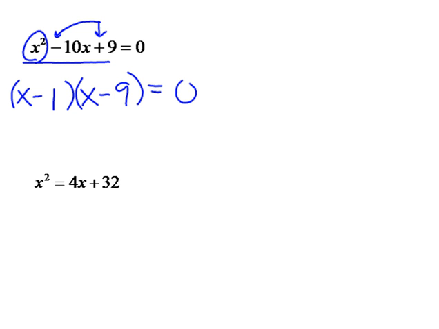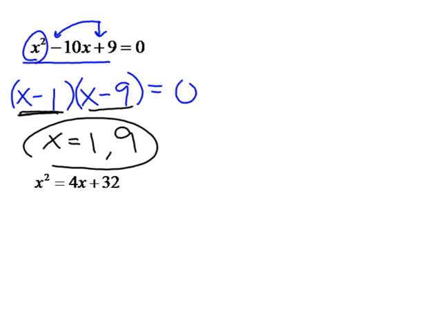And now that it's in factored form, we can say, what makes this first part equal 0? What value of x? Well, if x was 1, that would be 0, so x equals 1. What value of x makes this 0? 9. So those are our values for x. And if we plug those back into the original equation, we would get it to equal 0.